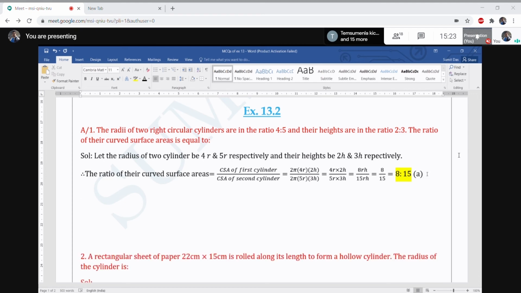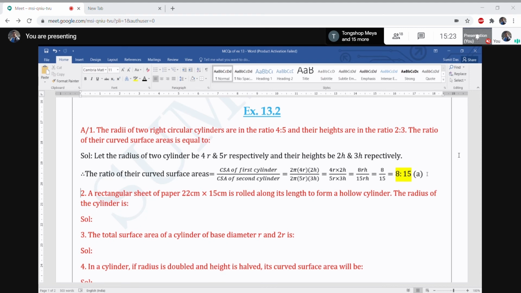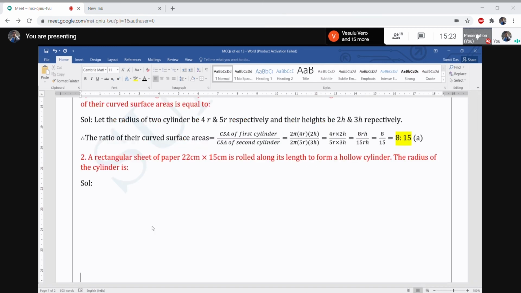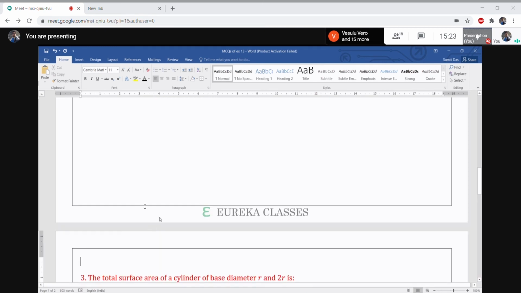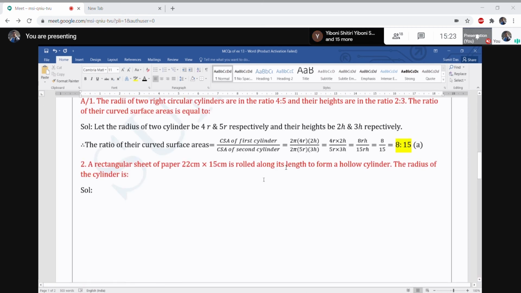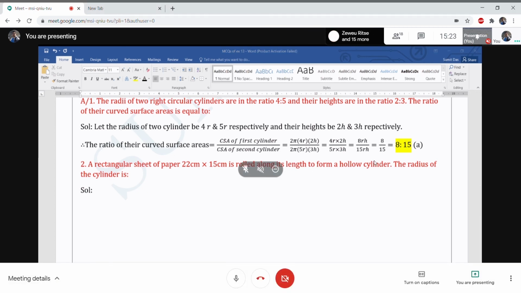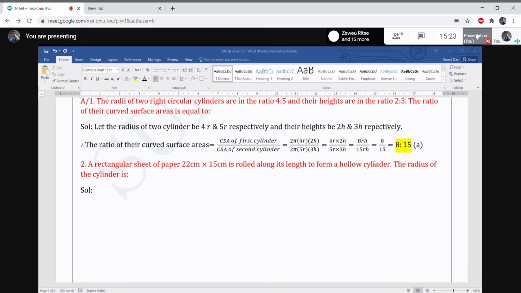Okay, next question. A rectangular sheet of paper is 22 into 15 centimeter. The dimension of the rectangular sheet is 22 as the length, and 15 centimeter as the breadth.